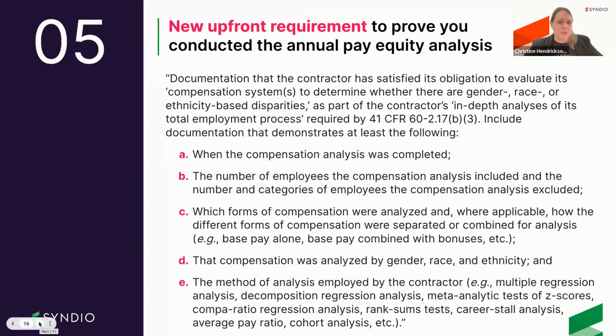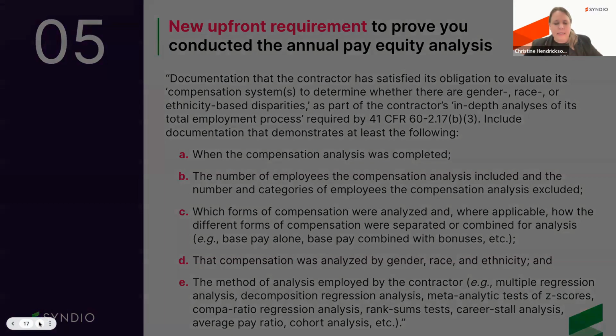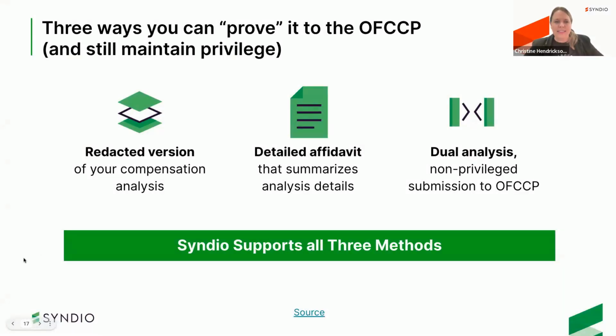So there are 3 ways that you can conduct a privileged analysis and prove it to the OFCCP, and you can do those all with Syndio support. This comes as part of the OFCCP's revised Directive 2022-01 that came out on August 18th, 2022.